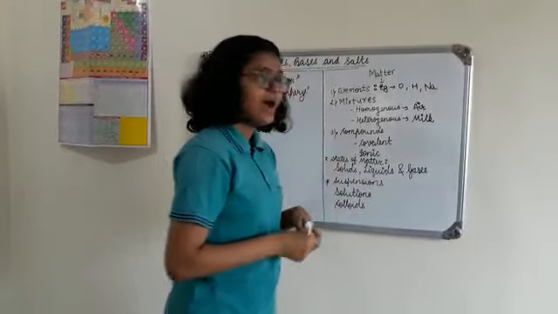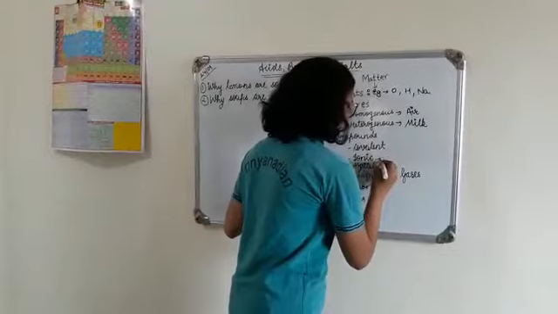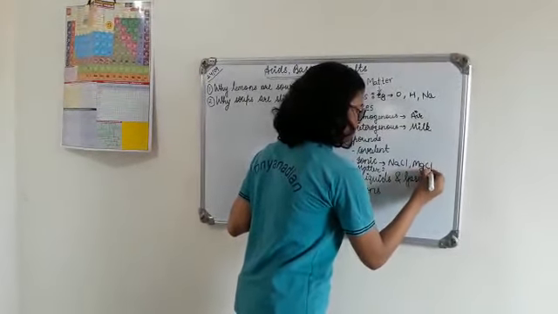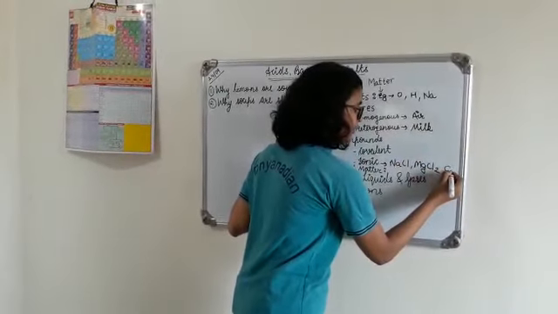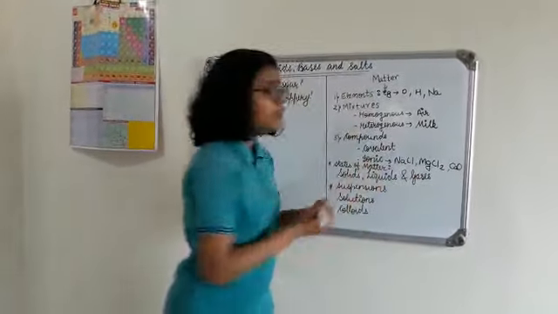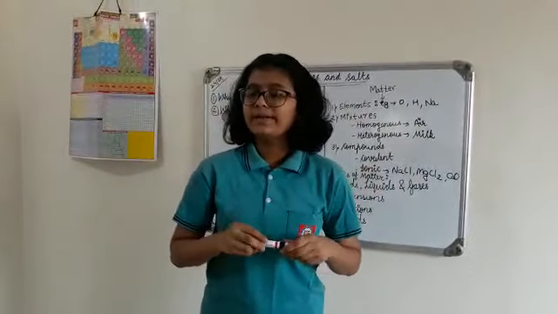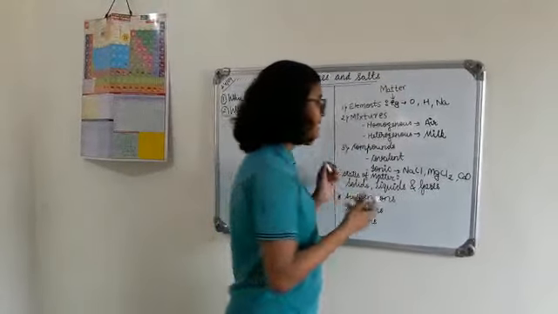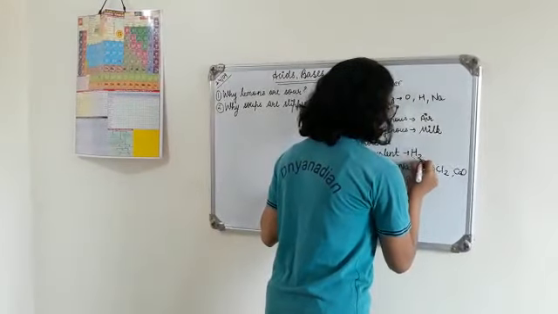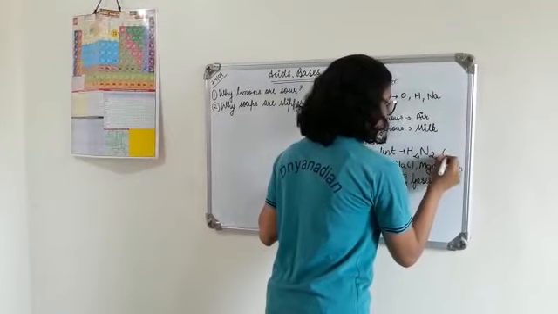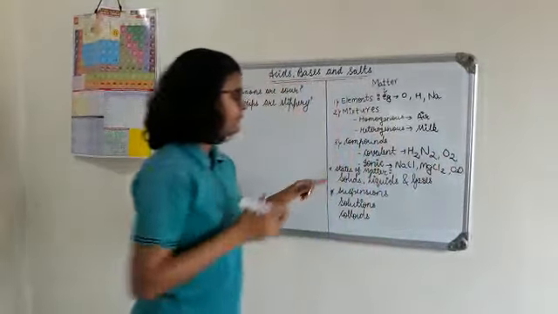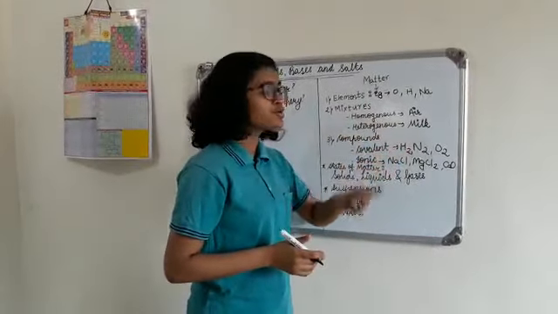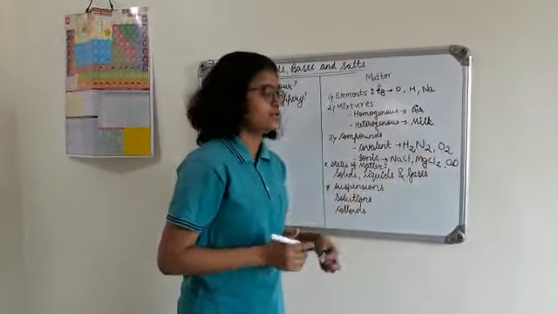The examples of ionic compounds would be NaCl, MgCl2, and many more like CaO. Then covalent compounds. Covalent compounds have the sharing of atoms between them like H2, N2, O2. Here the electrons are shared between the two hydrogens, two nitrogens and two oxygens.